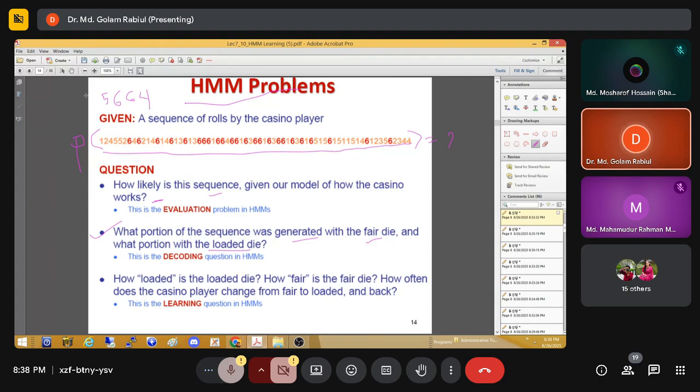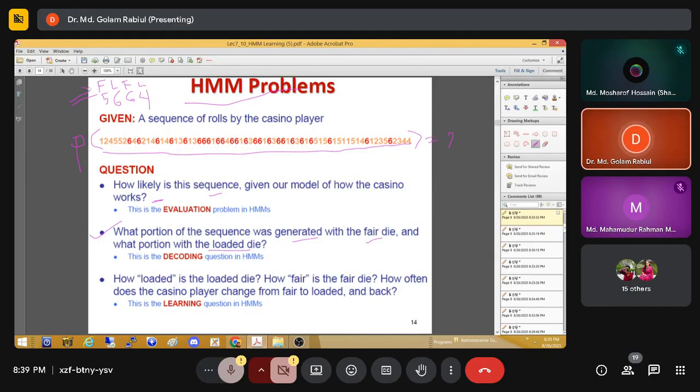We want to know what portion of this sequence is from the loaded die. Maybe this 5 is from the fair die, this 6 is from the loaded die, this 6 is from the fair die, and this 4 is from the loaded die. Maybe.